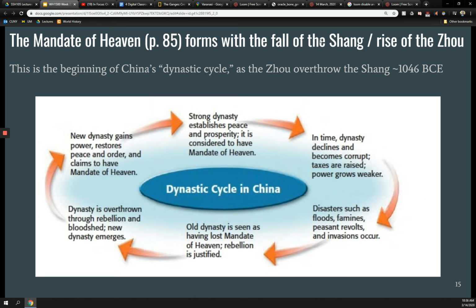This is part of this cycle, and the mandate of heaven is really a two-sided coin, because you really want to have it. When you have the mandate of heaven, it's a very good thing. But once things are going poorly, people then have a very clear way to get rid of you, to say you've lost the mandate of heaven, and now is a justified time for us to rise up and get rid of you.